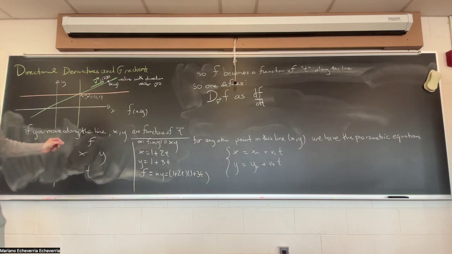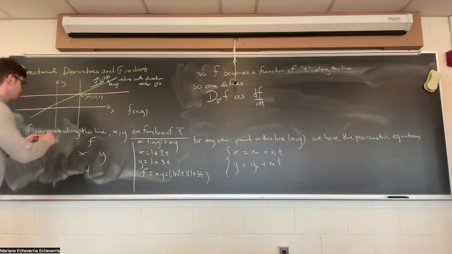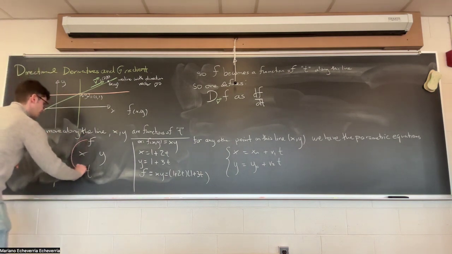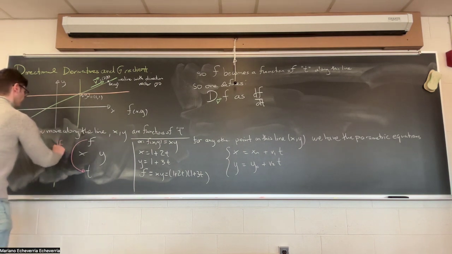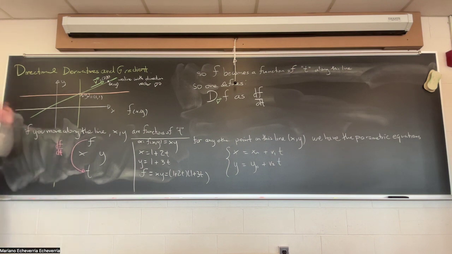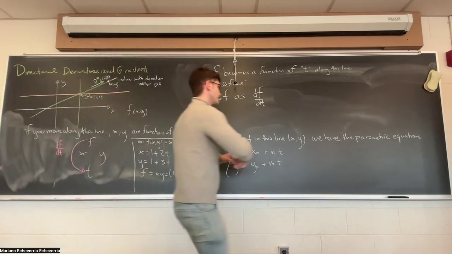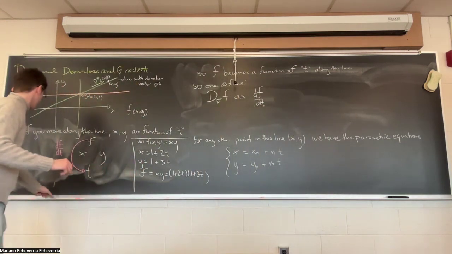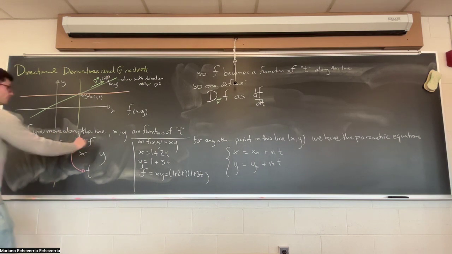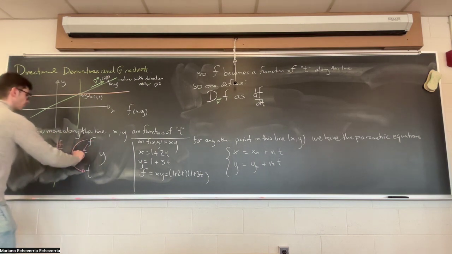If you remember the chain rule diagrams, what I'm trying to find in this diagram is the derivative of f with respect to t. The idea is that to find the total change, you go through the intermediate paths and compute the smaller changes. For example, one way to go from f to t would be going from f to x and then from x to t.